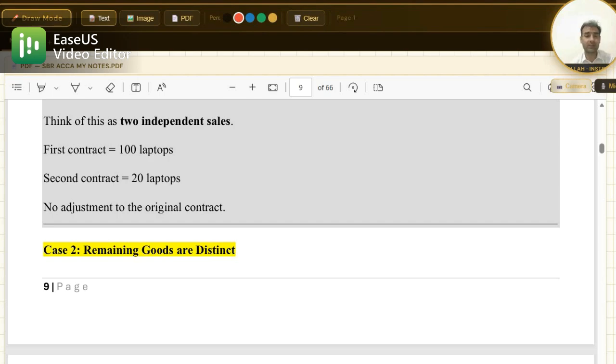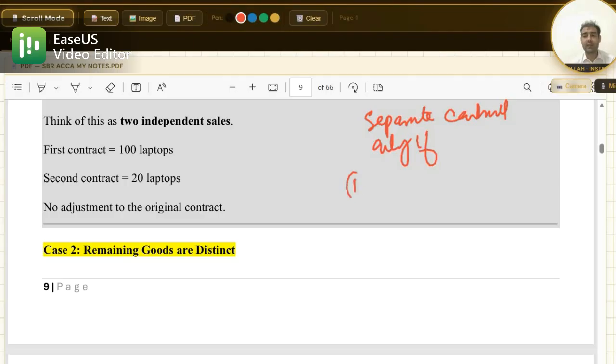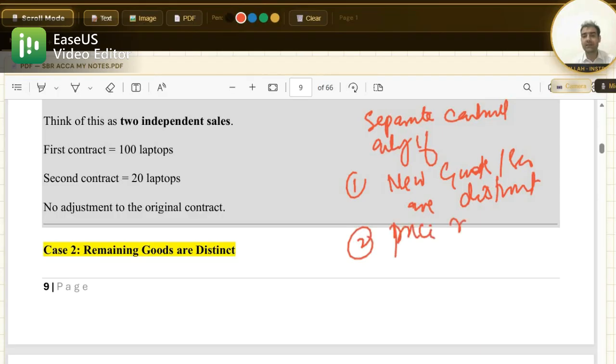What we have understood till now is that it is a separate contract only if the new goods or services are distinct, and the price reflects their standalone selling price.